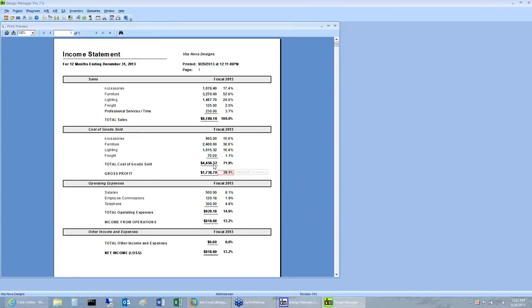And my cost is 71.9% of my total sales figure. And same thing with operating expenses. My total operating expenses are 13.2% of my total revenue figure.